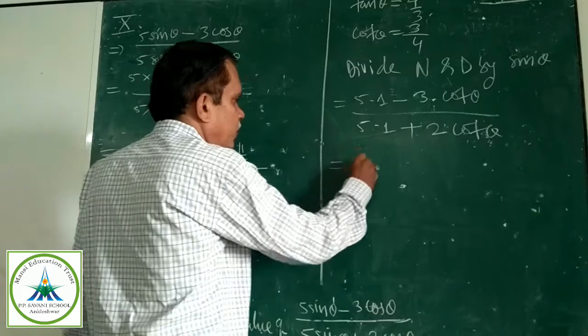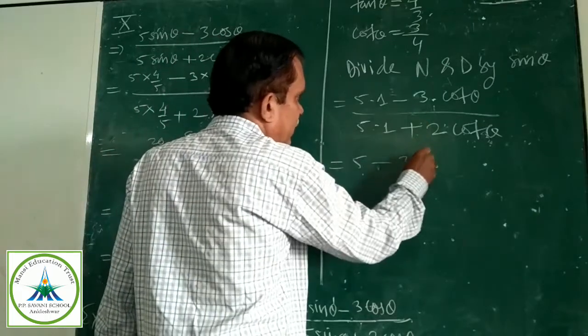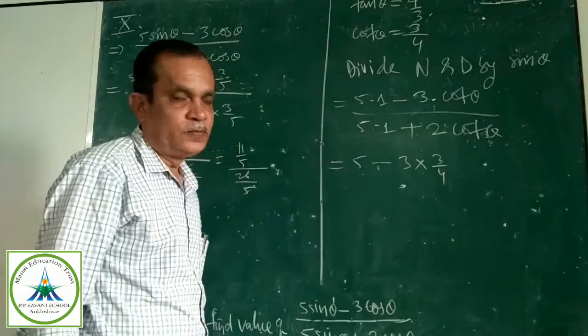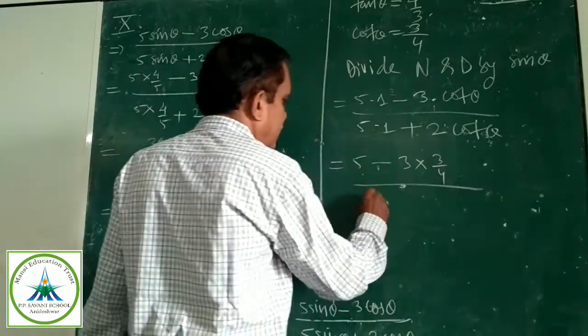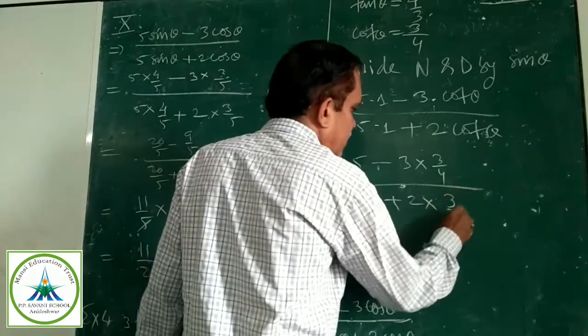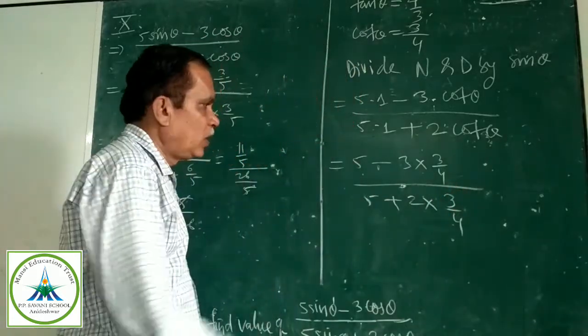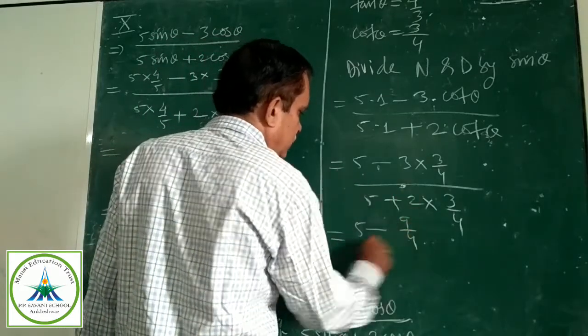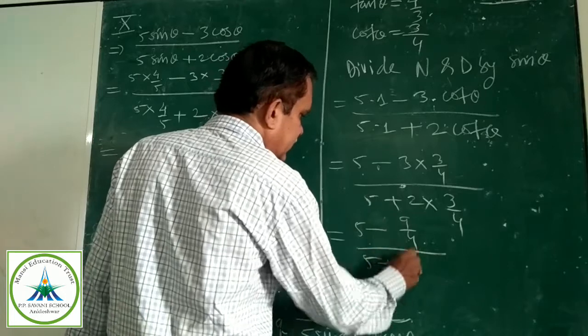So I got 5 minus 3 times cot, and the value of cot is 3 upon 4, divided by 5 plus 2 times cot, 3 upon 4. Now 5 minus 9 upon 4, 5 plus 6 upon 2.